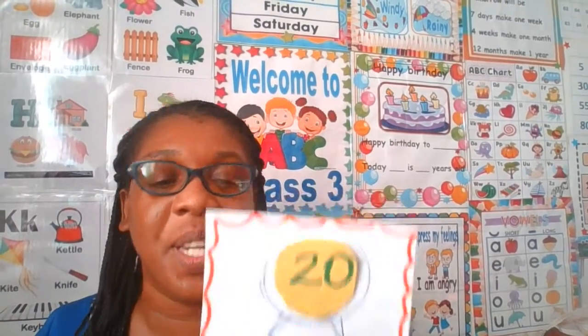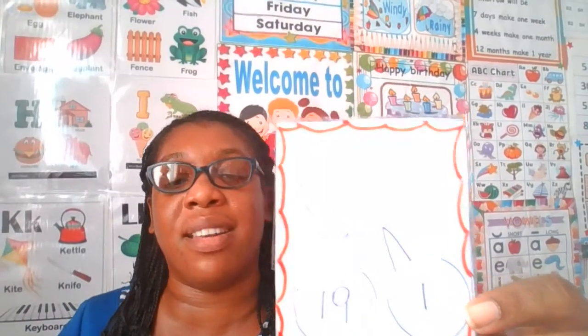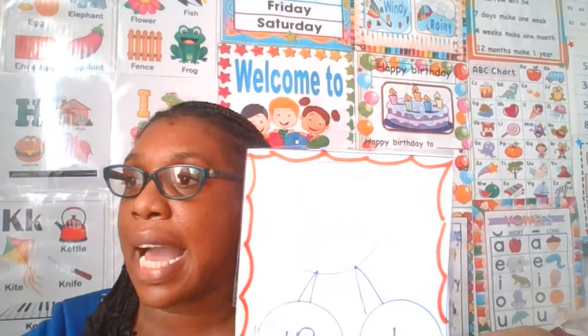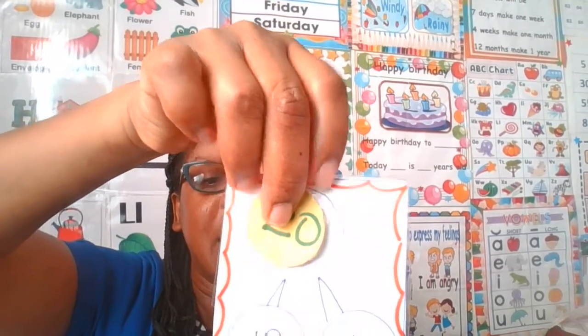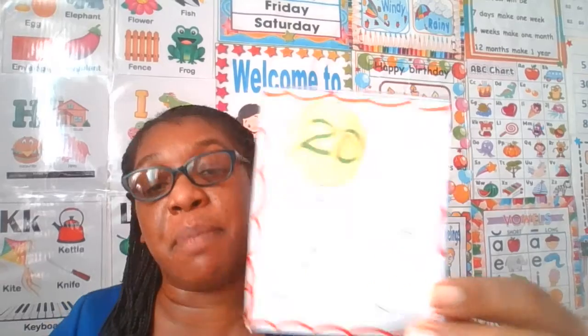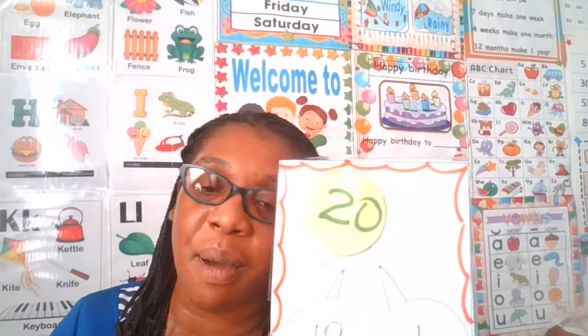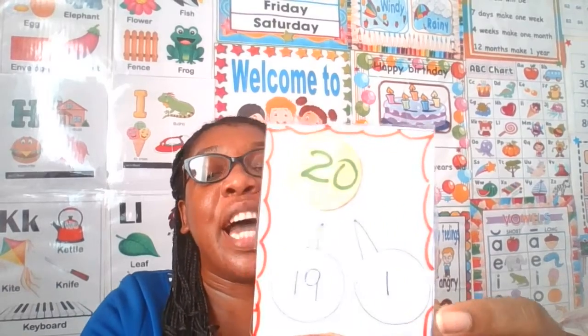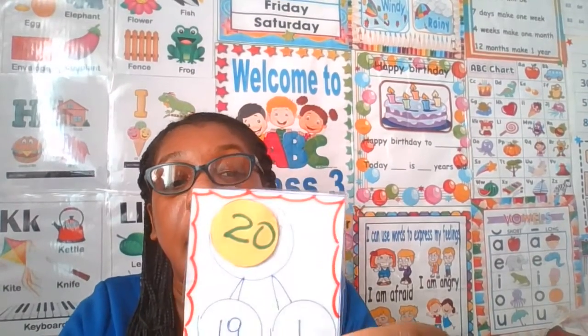I know my number bonds, that make 20. 19 plus 1 is equal to 20. Two halves make a whole.